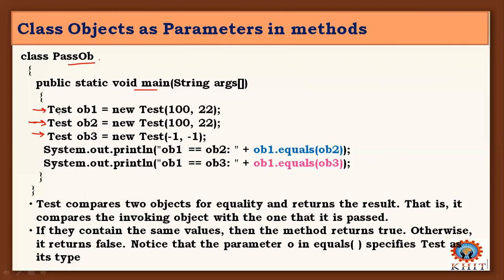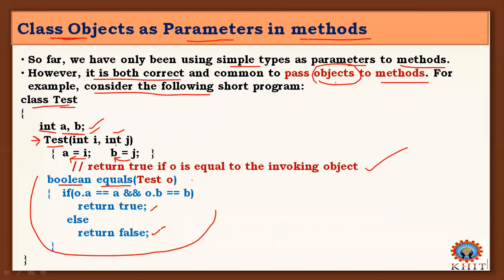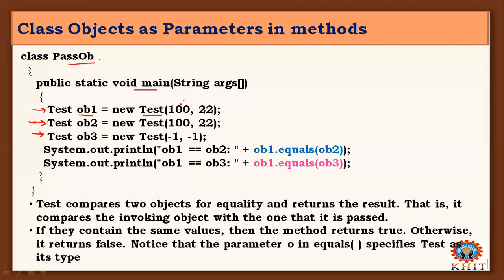Coming to test object 1 using the new operator, we need to call a constructor, and the constructor we defined in our class is the two-parameter constructor. So I have passed two values, 100 and 22.